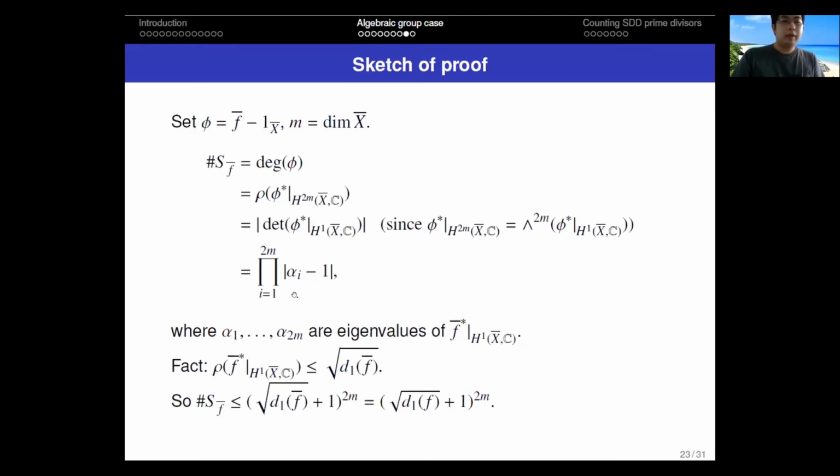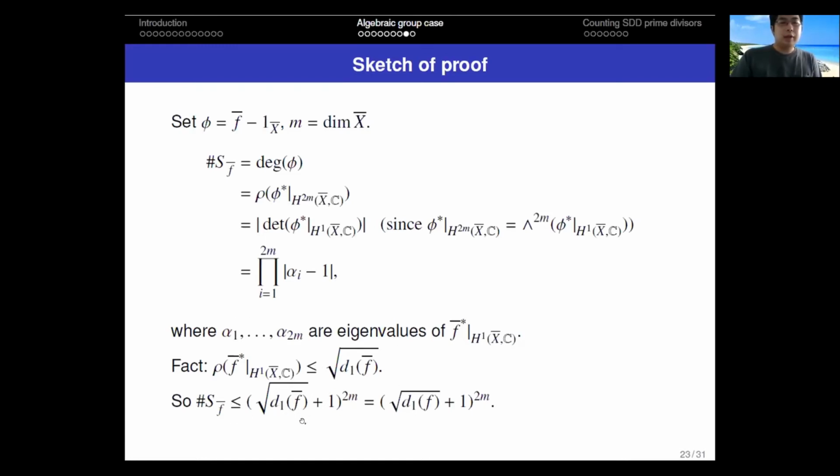And we have the bound of the spectral radius of the pullback of F bar restricted to H^1. Sorry, I forgot the paper of this reference, but it is well known.